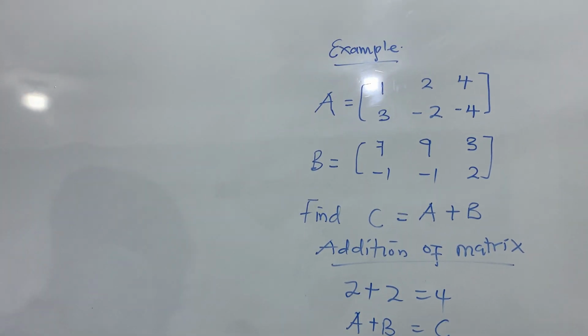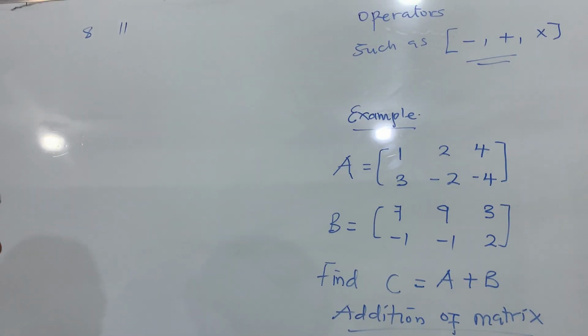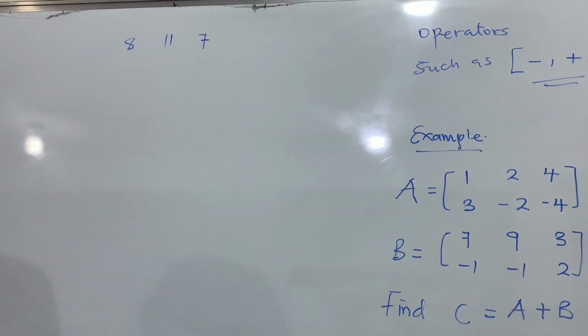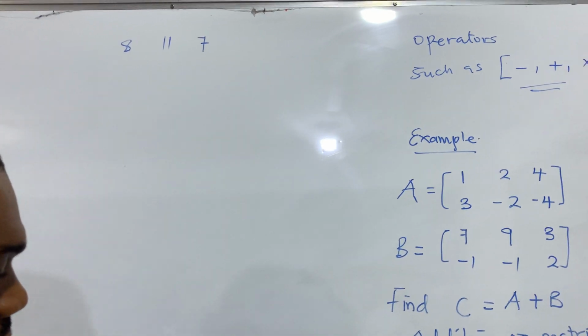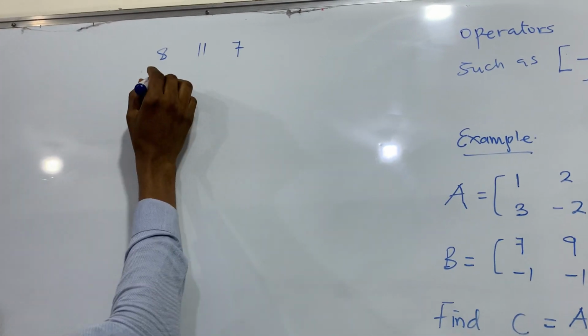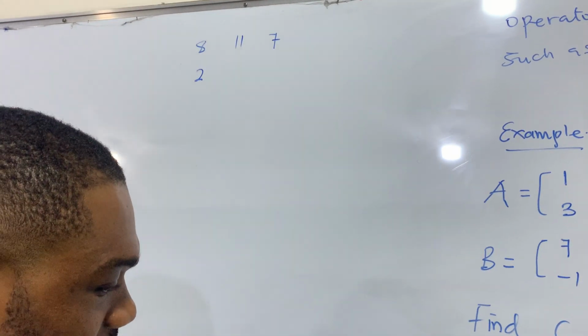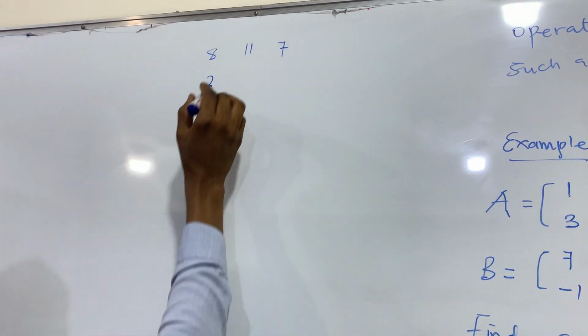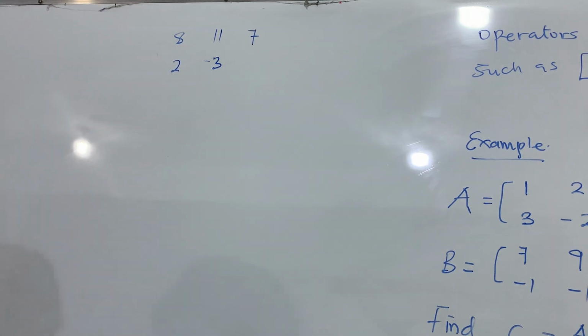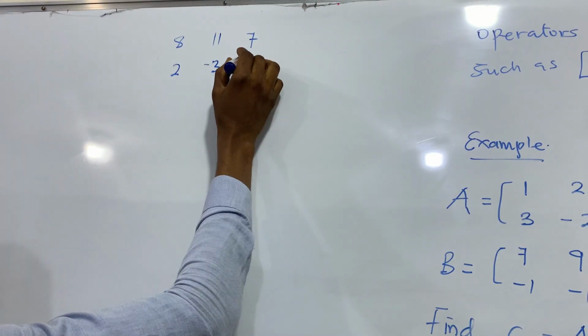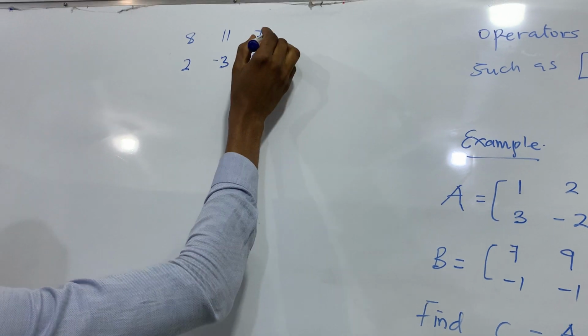Now we have 4 plus 3, you get 7. 2 plus minus 1, you get 2. Minus 2 plus minus 1, you get minus 3. Minus 4 plus 2, you get minus 2.